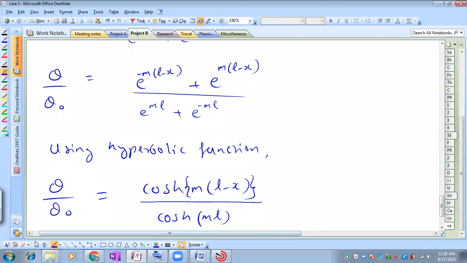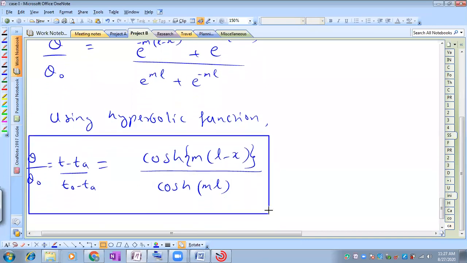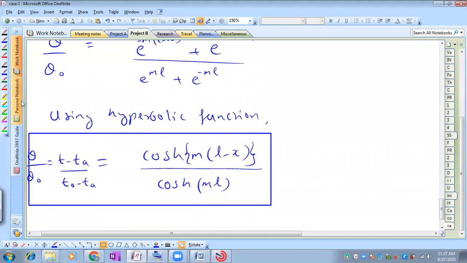Now, I can write this term in two ways: theta upon theta 0 will also be equal to t minus ta upon t0 minus ta. This is the important term. We can call this my temperature distribution equation.